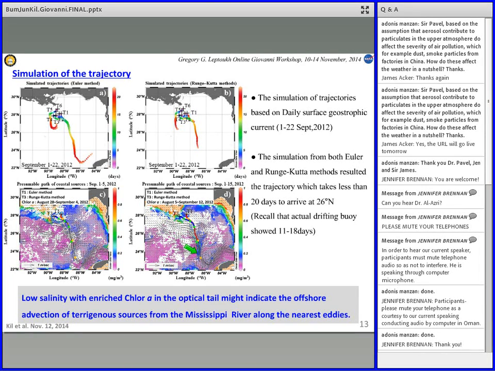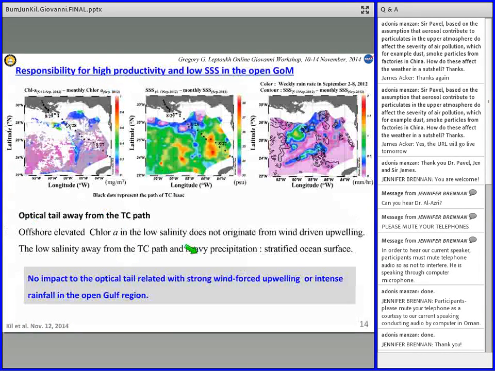For the period of September 5th and September 13th, the water with elevated chlorophyll A and the low salinity water was also apparently away from the tropical cyclone Isaac's path.